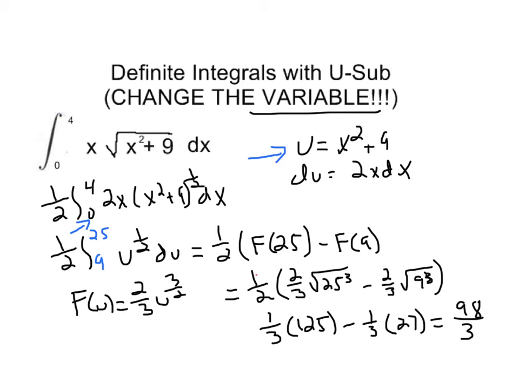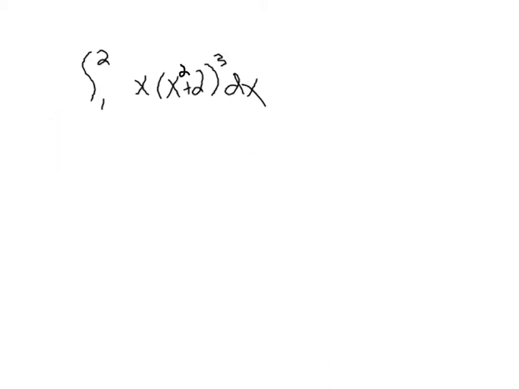I did that by simply distributing the 1/2 and taking the square root of 25 and then cubing it to get 125, and the square root of 9, which is 3, and then cubing it to get 27. I'll give you about 2 minutes to try this definite u-substitution.